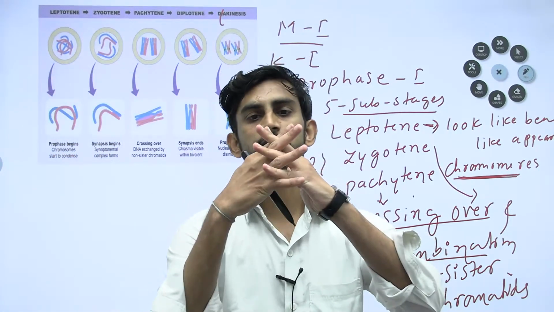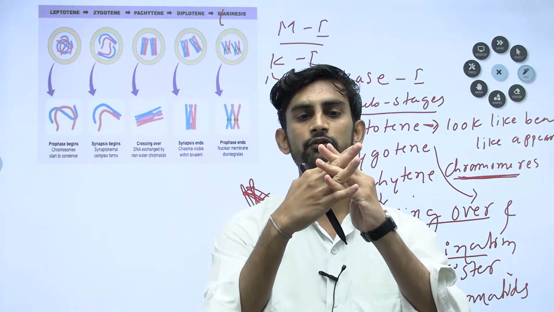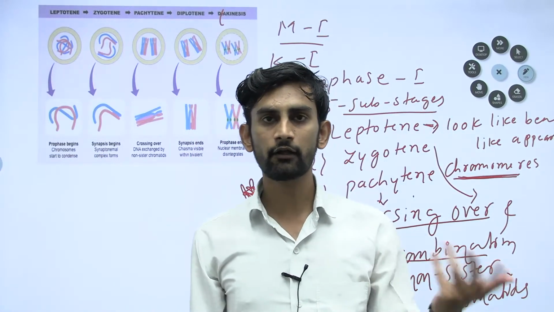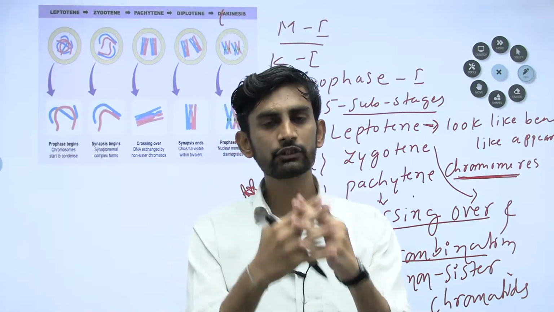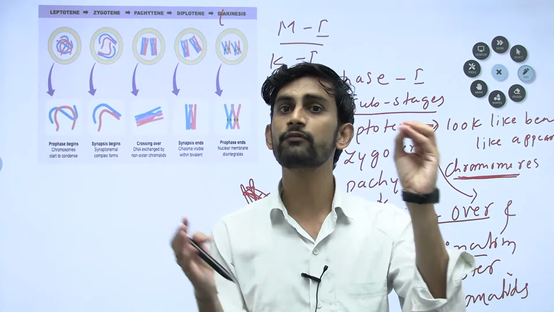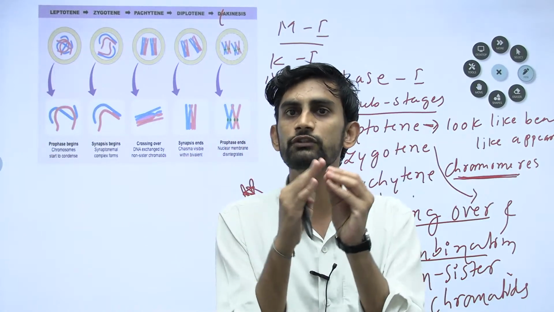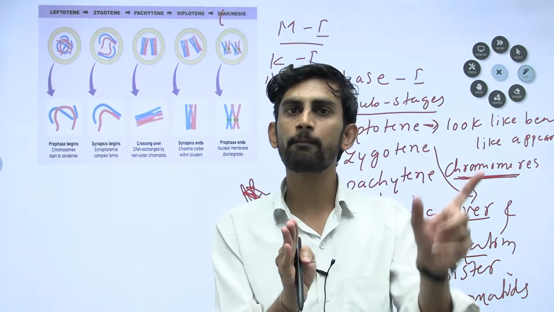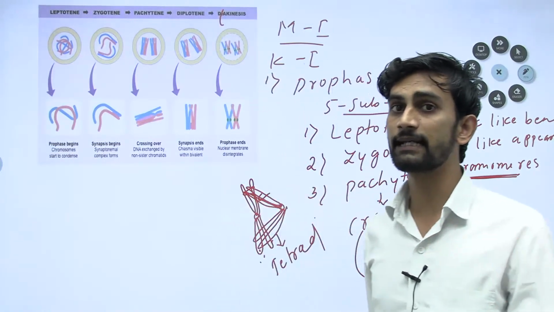Between two homologous chromosomes, without breaking, how will the genetic material get exchanged? For that exchange of the genetic material, we need certain enzymes. These enzymes are involved in breaking. After the exchange of genetic material, once again they will patch whatever broken part is there. For that, some enzymes are essential.